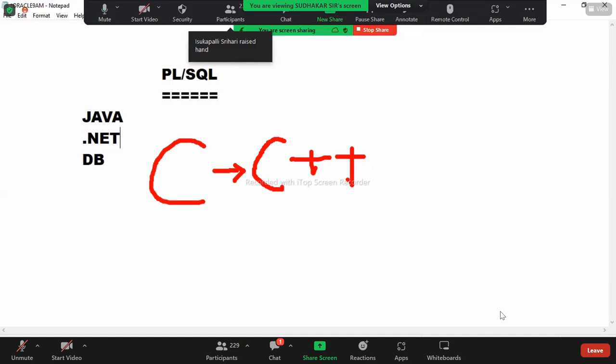Simple example: nowadays there are mobiles and mobile applications. Can you see that every 6 months or 1 year, one new model comes into the market? For example, a customer wants to purchase a new model. He compares it with the existing model from the same company, say Samsung. The previous model's features are what? The present model's features are what?